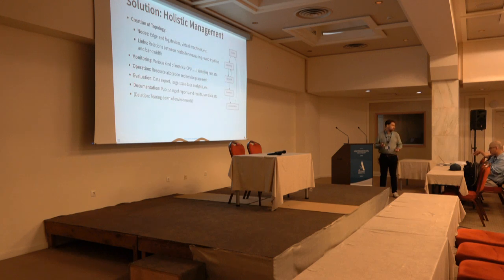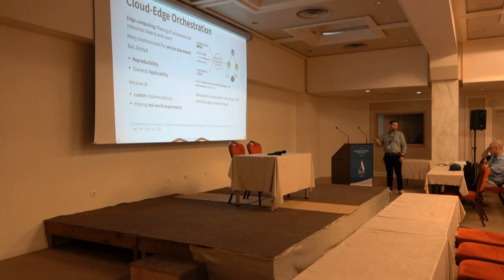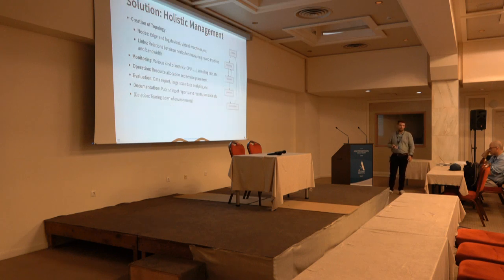We have monitoring for the nodes, for the applications, for the links maybe between some particular nodes, and we would like to place applications. We would like to have support for evaluation with data export and large-scale data analytics, and finally we would like to have an easy documentation, right, that can be shared online or with other researchers as well.